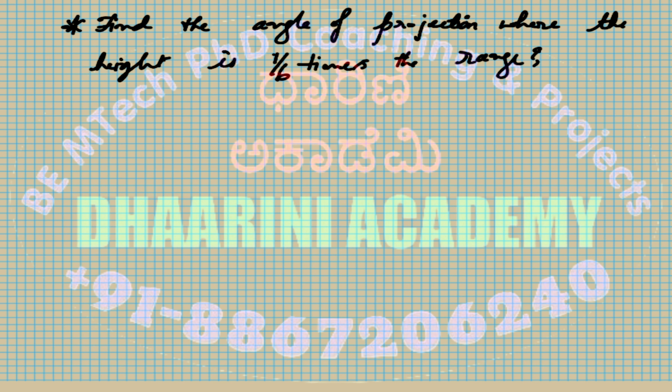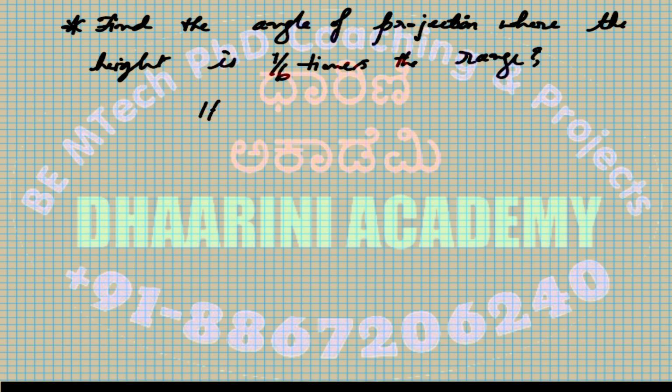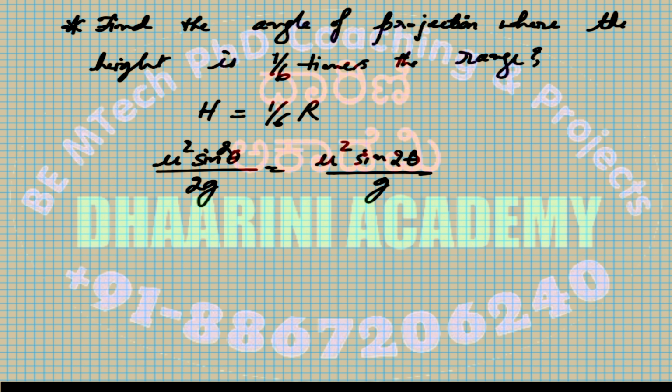So the required equation is the height is equal to 1/6 times the range. Equation of height is nothing but u square sine square theta divided by 2g should be equal to u square sine 2 theta by g, right? So u square anyway it cancels, g also cancels, but there is a 1/6 now with us.